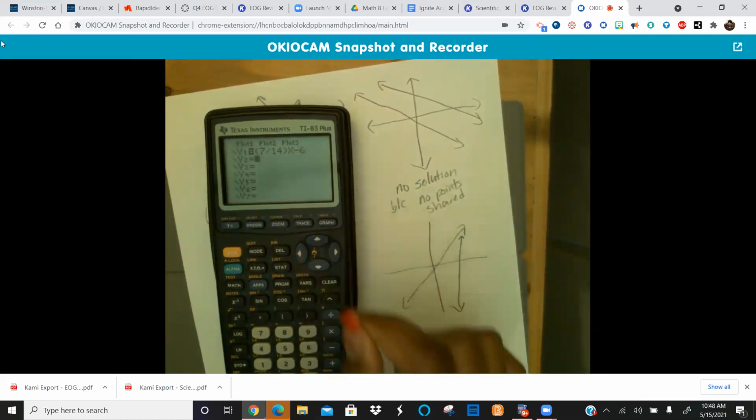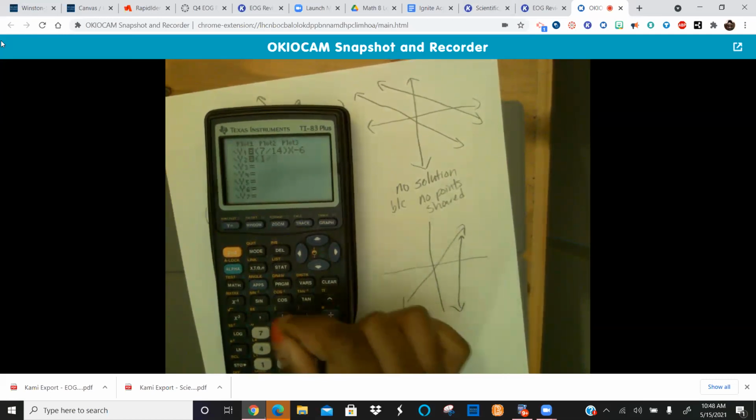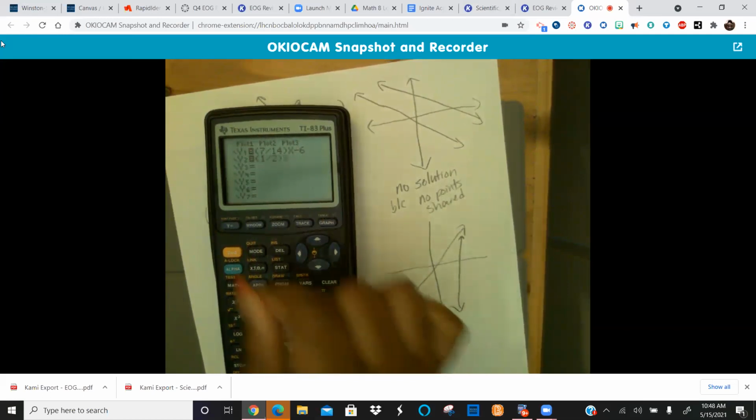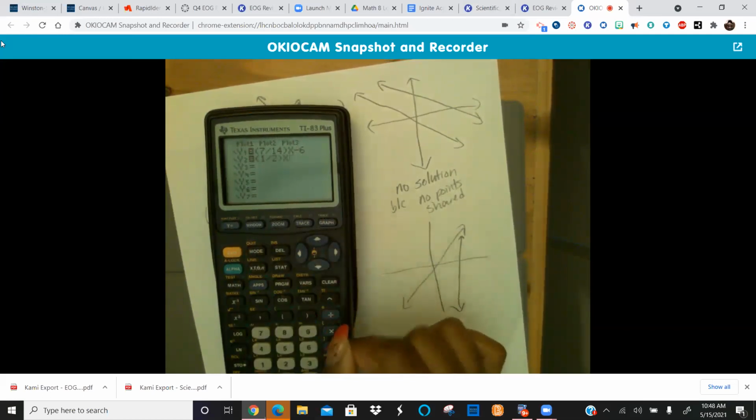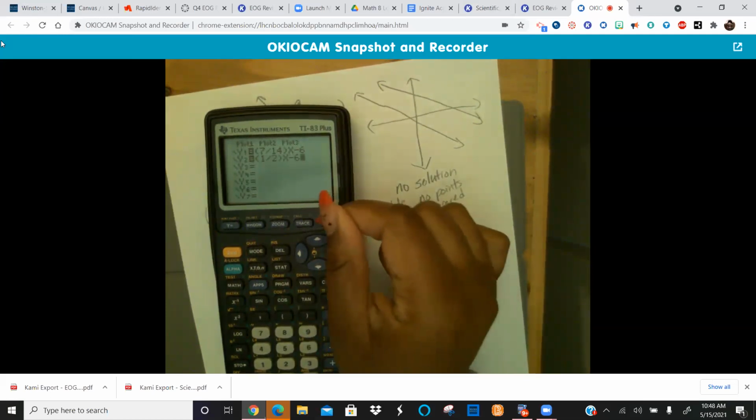And then let's do another fraction, parentheses 1 half, then we got x minus 6, okay? So let's graph and see what's going on here.